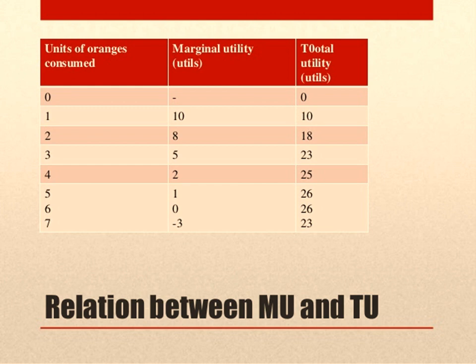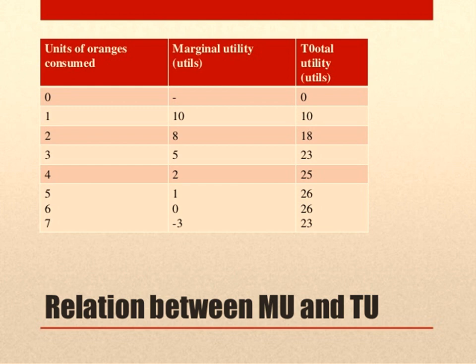When we consume more and more, total utility in the beginning will increase at an increasing rate: 10, 18, 23, 25. Then the increase starts to decrease: 8, 5, 2. Then it becomes constant, 26, 26. Total utility becomes constant.